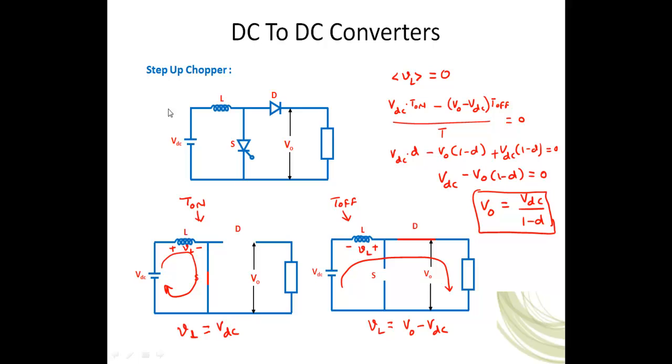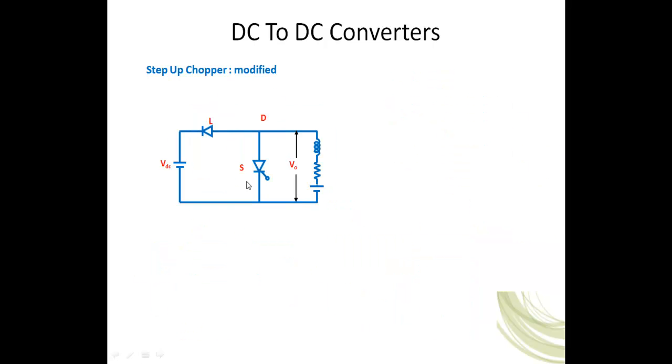But this is the general step-up converter operation. We will not use the same one in case of DC motors. We just reverse that. As I told you, the step-up chopper will be used for regenerative braking. In that case the motor will be operated as a generator.